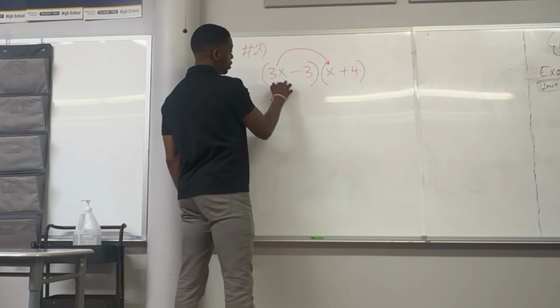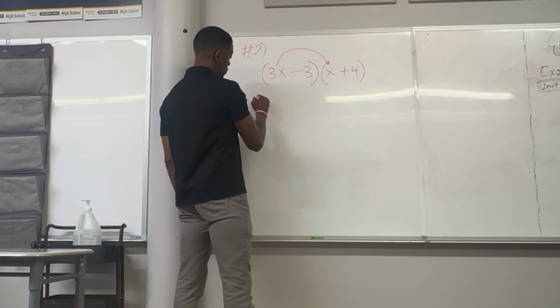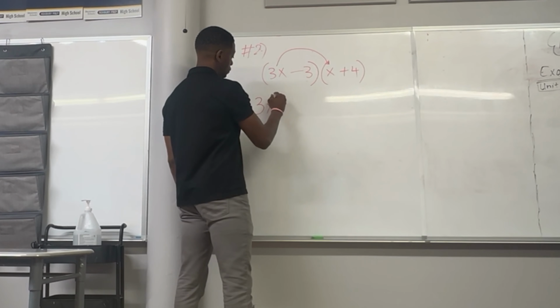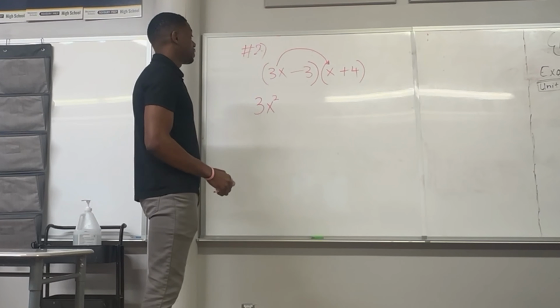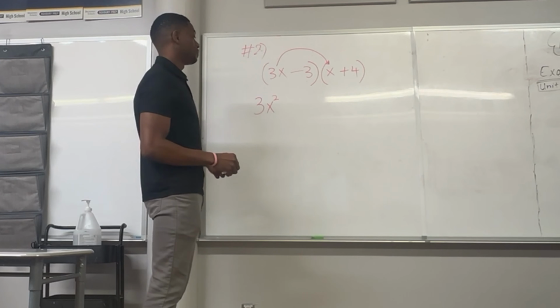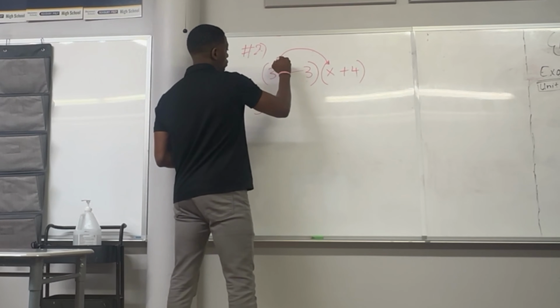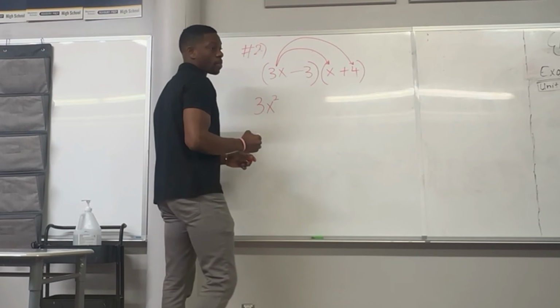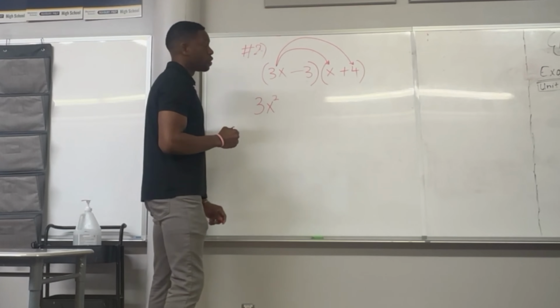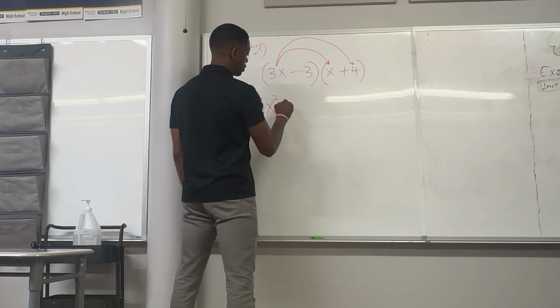So this says 3x times x. Right? 3x times x will give you 3x squared. What about this one? 3x again times 4. 12 what? 12x.